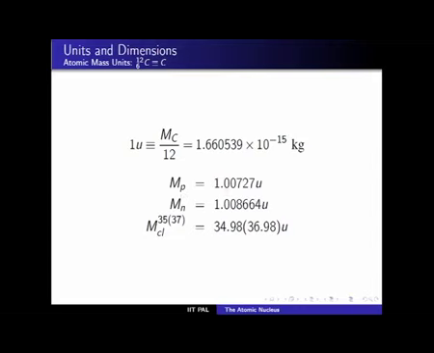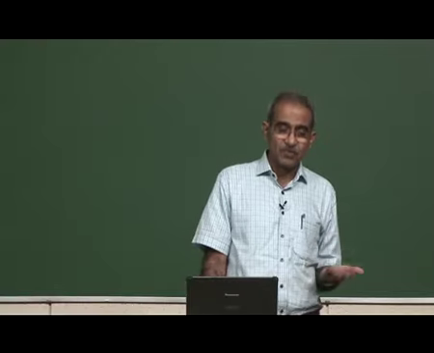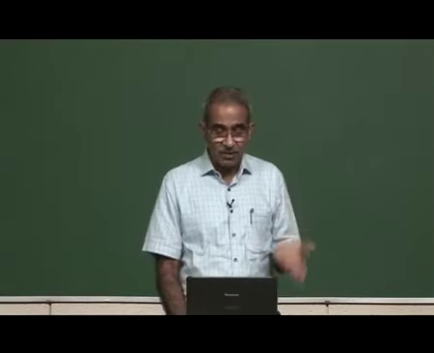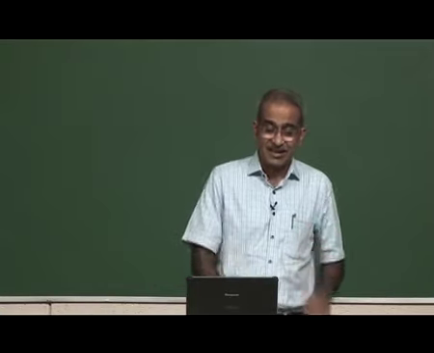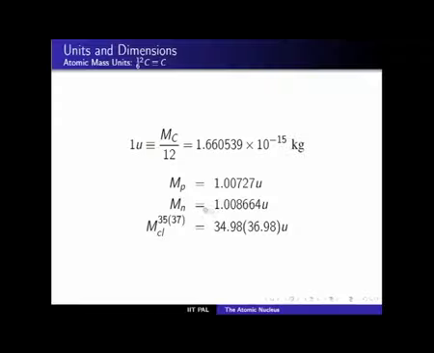All of them are expressed up to 6 decimal places, 6 significant digits apart from 10 to the power of minus 15. 1.00727 units, and mass of the neutron is 1.008664 U. Remember, I discussed the relation between the mass of the neutron and the proton when we were discussing Chadwick's experiment. He estimated it to be something like 1.1 times. Then we said that no, there was a 10% error in that calculation.